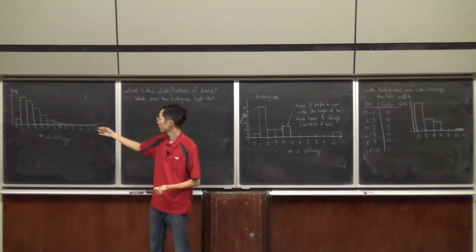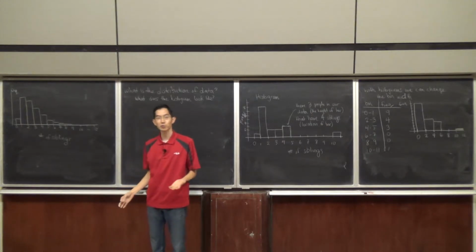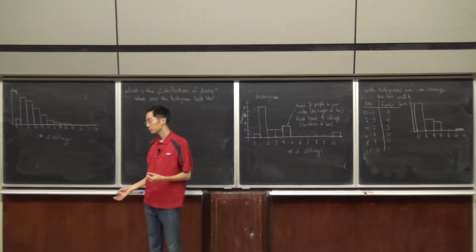Perhaps if we were to ask this question maybe 30 years ago, what do you think the distribution would look like then? Yeah. 6 children inside?